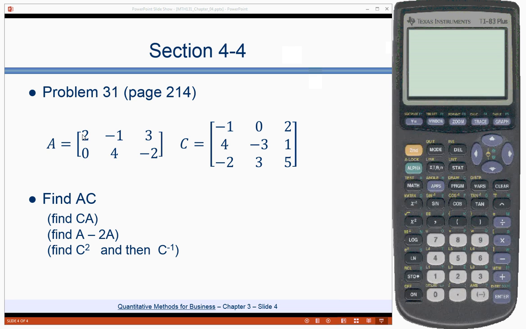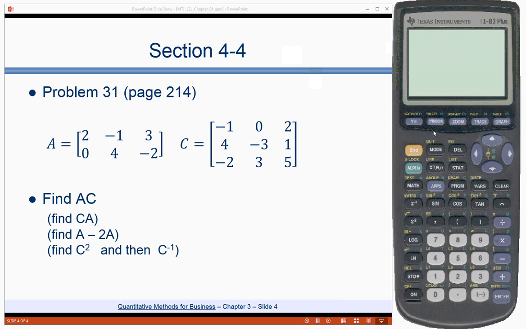Row 1, column 2 of the result is going to be this row times this column. Row 1, column 3 of the result is going to be this row times this column. And all of the matrix multiplication works like that. Row 2, column 1 of the output is going to be row 2 of A times column 1 of C. Row 2, column 2 of the output is going to be row 2 of A times column 2 of C.